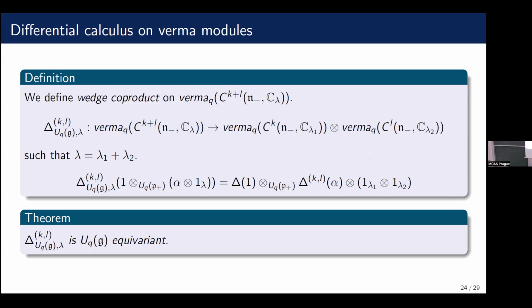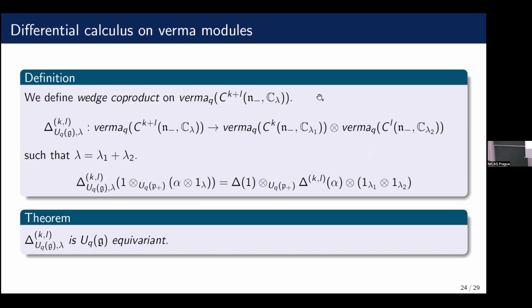If you take here lambda, lambda prime, lambda double prime, this map in the end will be UQG equivariant if the sum of lambda prime and lambda double prime is lambda. That's why we started with lambda equal to lambda 1 plus lambda 2.